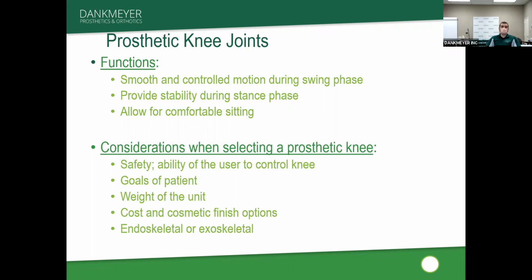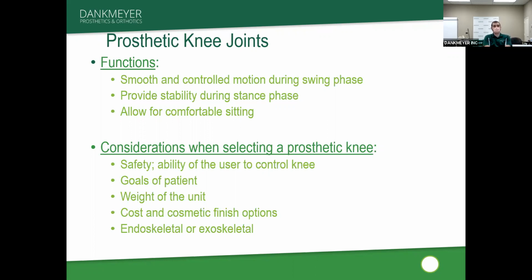For a knee joint, during that swing phase, we want smooth and controlled swing phase. We want it to control how quickly the distal segments advance during swing phase, and we need it to provide stability during stance phase and allow for comfortable sitting.